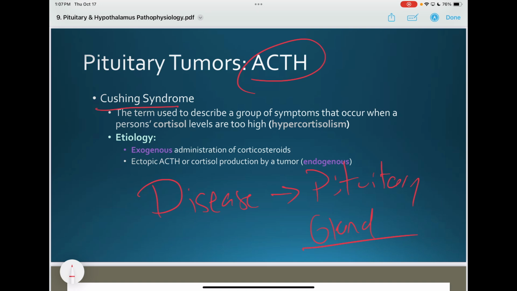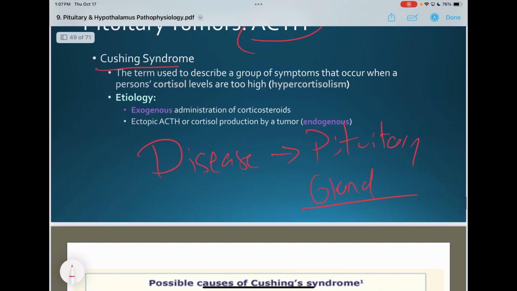So disease is the pituitary gland. Syndrome can include the pituitary, but it's just a general term. Etiology: exogenous administration of corticosteroids, or ectopic ACTH, or a cortisol-producing tumor. A tumor could produce ACTH, and a tumor can also produce cortisol. Your job is to figure out where it is coming from.